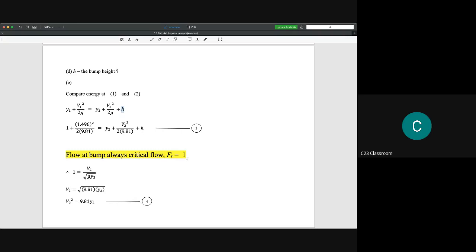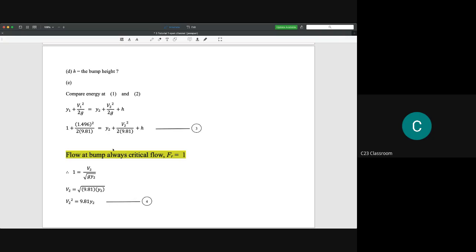Then another assumption used for open channel is that, in the previous question we used Froude number 1 when it flows on the surface.